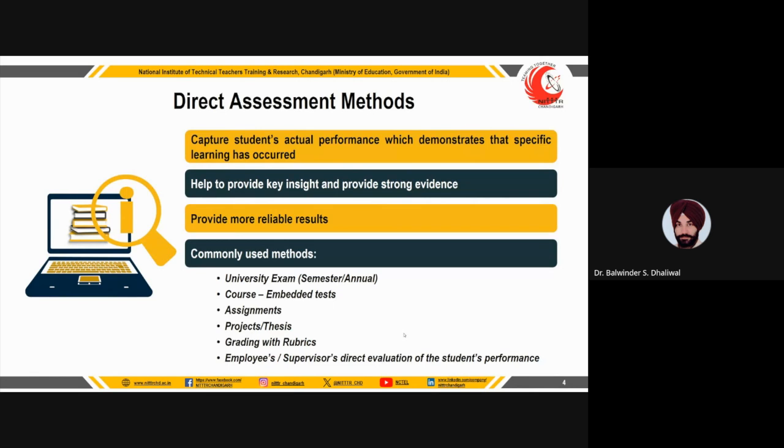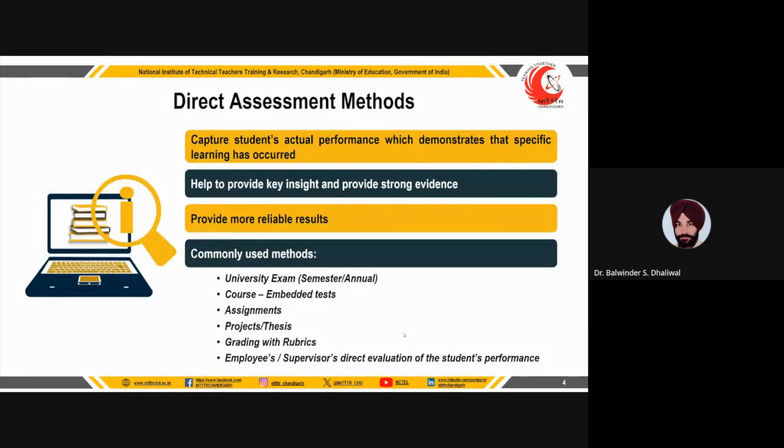Commonly used tools under the direct assessment category include written exams like university exams, course embedded tests or internal tests, periodic tests, assignments, projects, thesis, and some kind of rubrics for grading various kinds of activities.